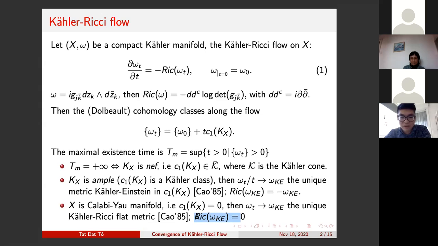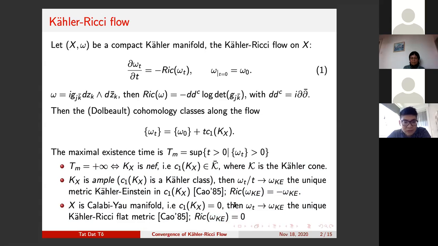I mean, for the Ricci-flat metric existence, and then Cao in 85 used the Kähler-Ricci flow to recover the result of existence of a Kähler-Einstein metric in some special case. I mean, when c1(Kx) is ample or Ricci 0.